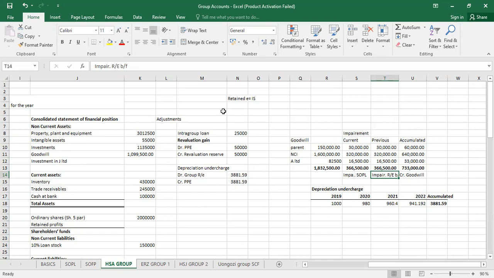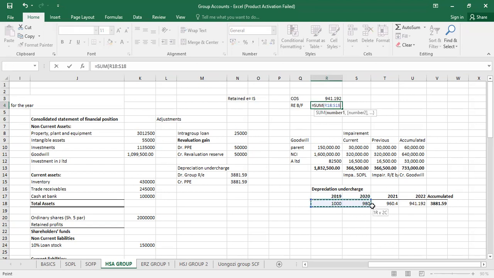So I'm just saying retained earnings is equal to income statement. Like here, cost of sale, then we have retained earnings brought forward. It's as simple as this is what will go there, and what will go here will be the sum of these three.